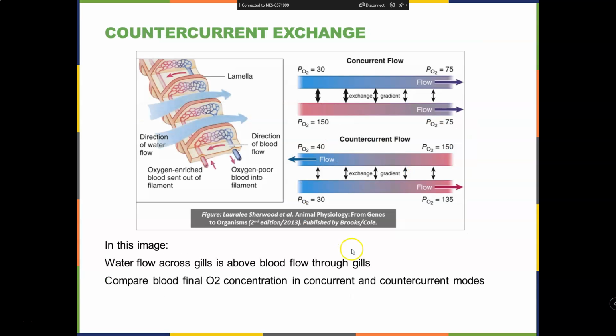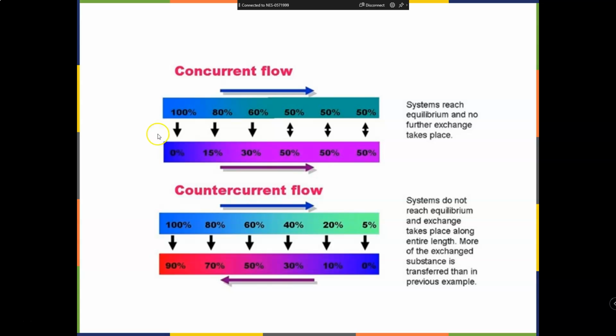Let's take a closer look at that countercurrent. So here's that same illustration as before: blood running in this direction, water running in that direction. Let's take a look at this one right here. Here's the blood coming in this direction with the minimum amount of oxygen it's going to have. We'll just call it 0% right here, but you'll still have oxygen in your blood.